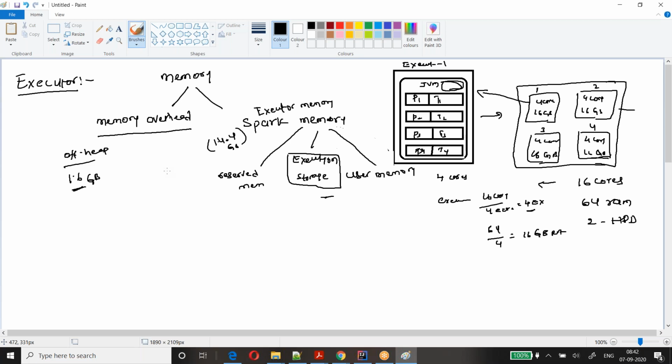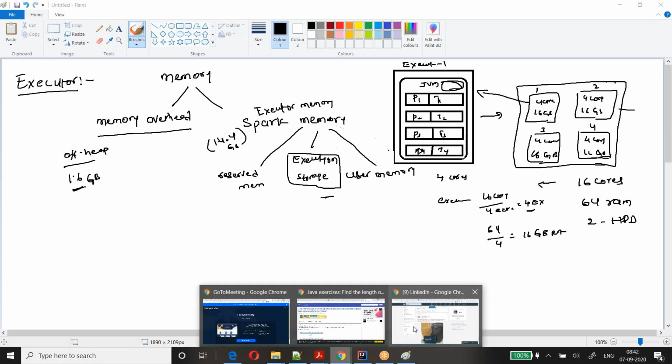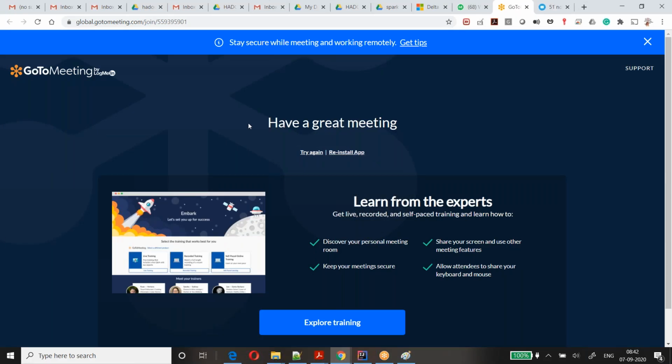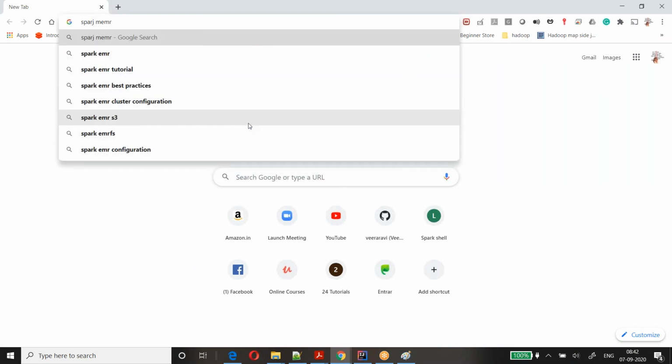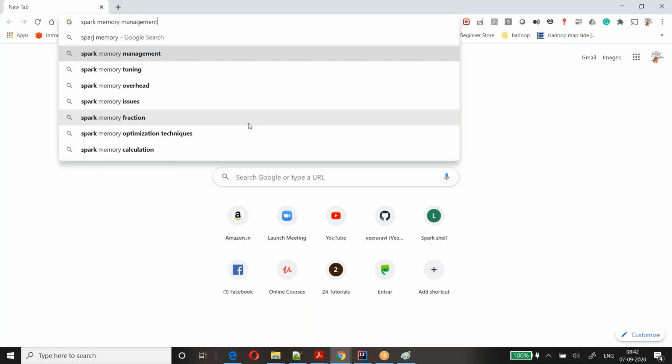Okay, so let's do one thing. Let me go with a simple diagram. I can borrow this diagram from Google if possible. Let's borrow from here: Spark memory management.